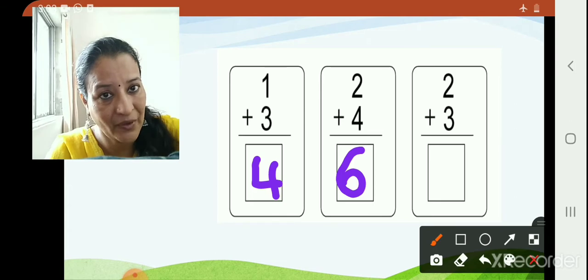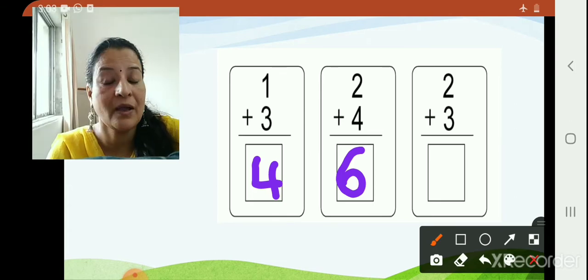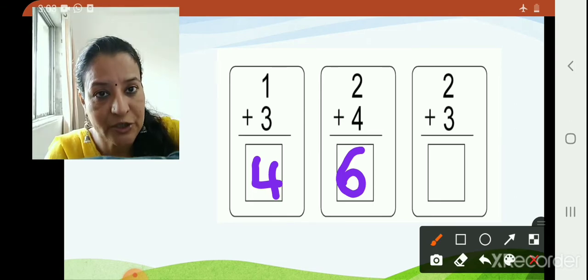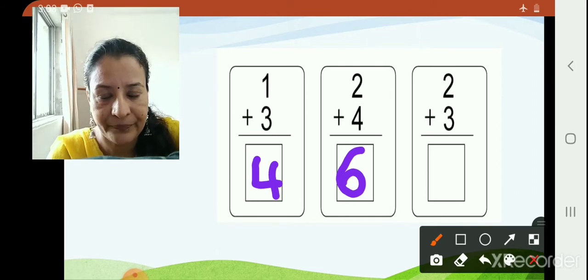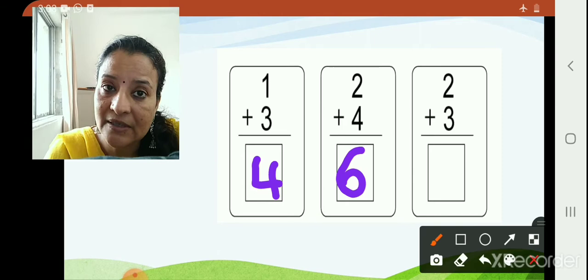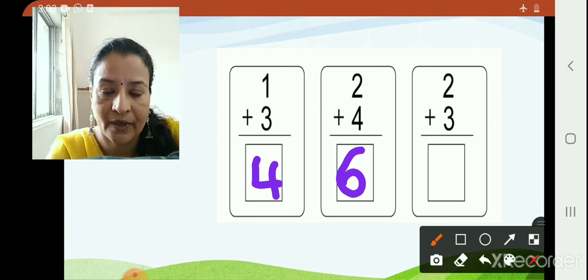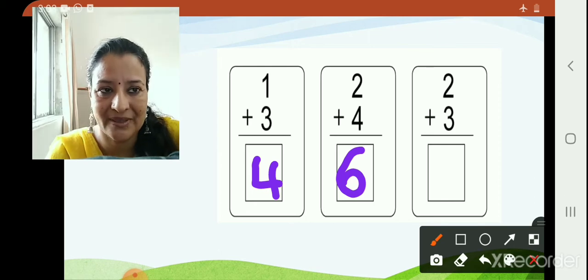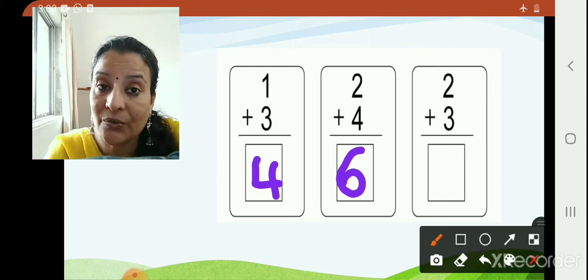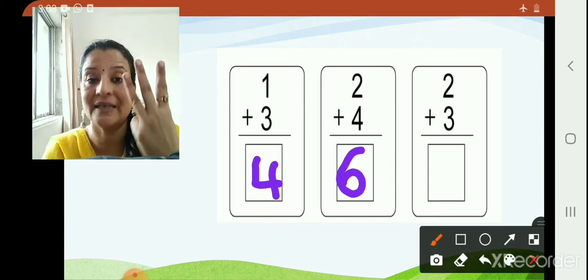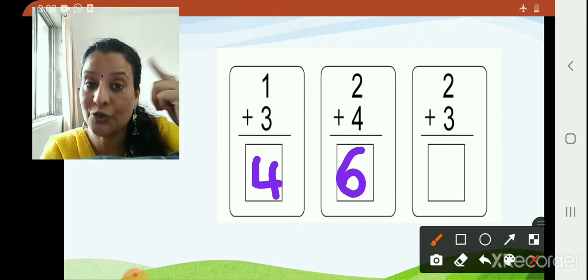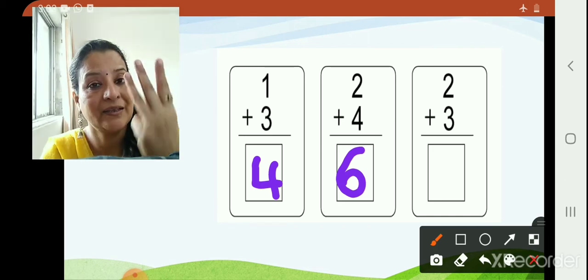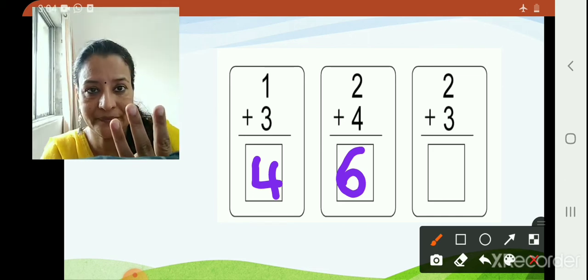Okay. One more sum. What are the numbers? 2 plus 3. Okay. Now, what is the first number? 2. So, 2 in my head. Very good. And what is the second number? 3. So, 3 in my hand. That is fingers. 2 in my head. 3 fingers up.